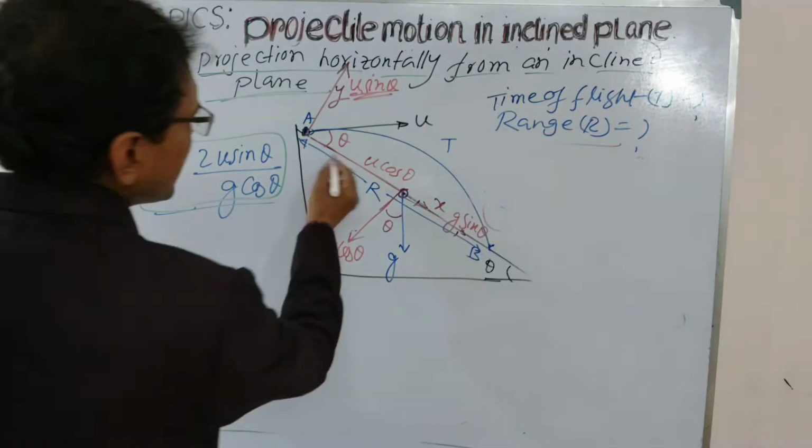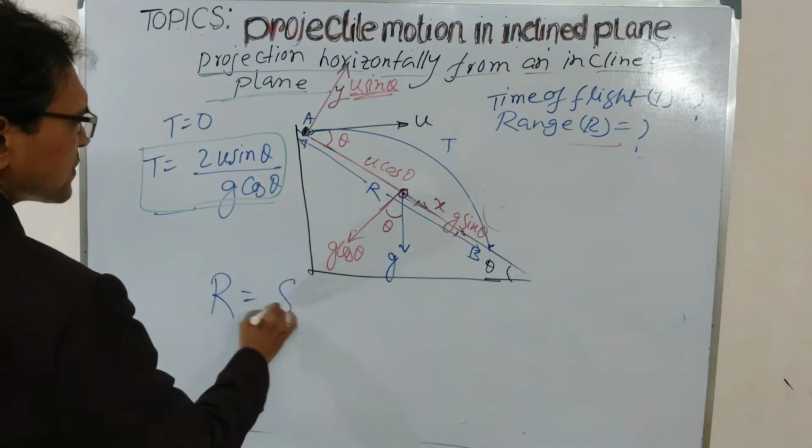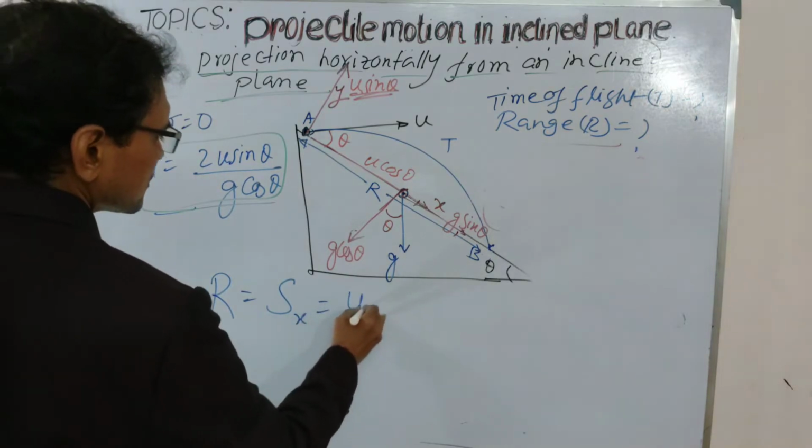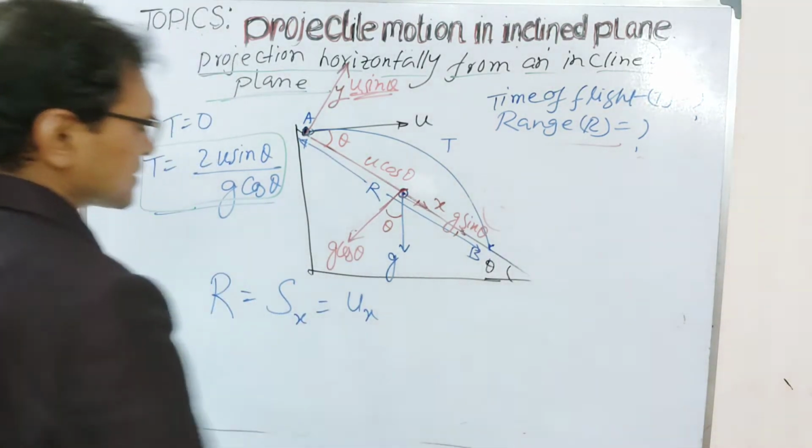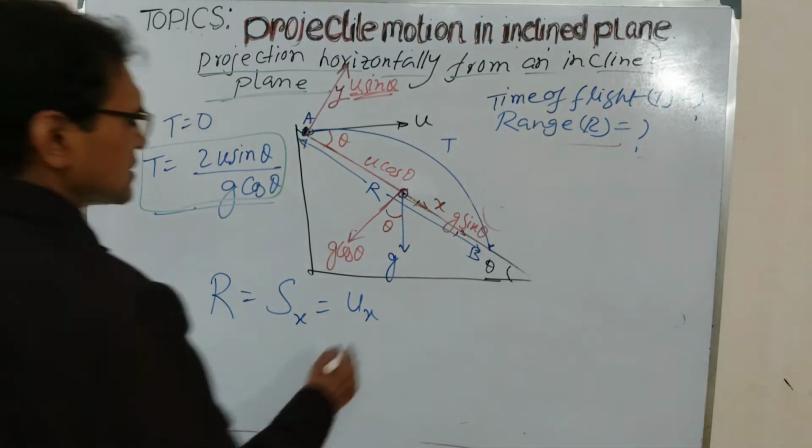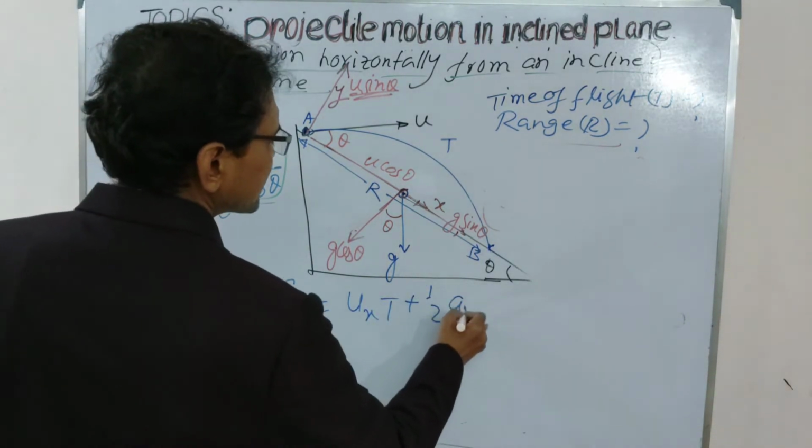Now range, obviously range equal to displacement along x-axis. So we simply use the equation of straight line, ux t plus half ax t square.